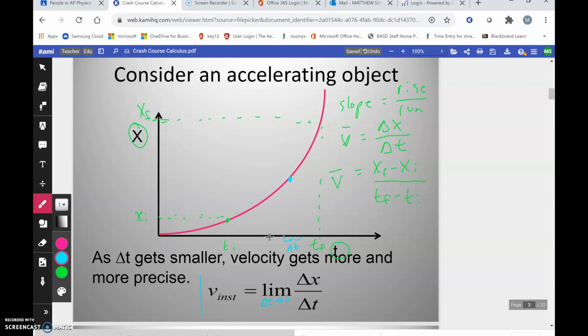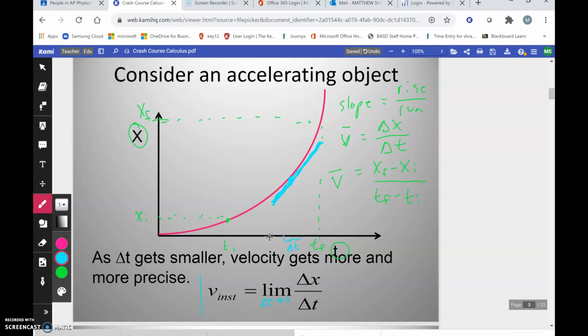We'd be talking about an instantaneous velocity. An instantaneous velocity is the slope of what we call a tangent line. A tangent line is a straight line, which is tough to draw here, that intersects the curve at only one point. So if I could draw a line that only just touches this curve at one point, that would be called a tangent line.